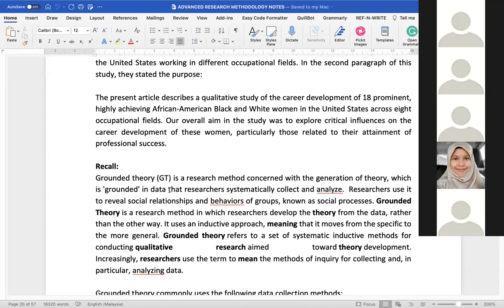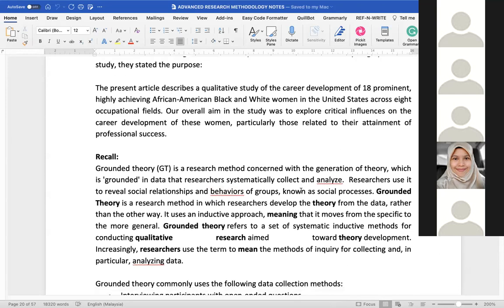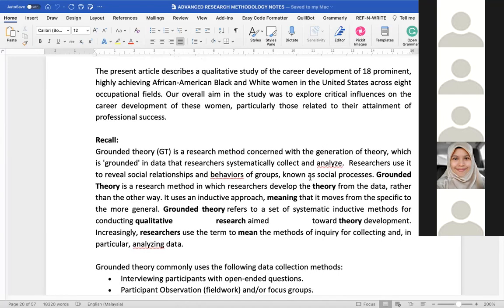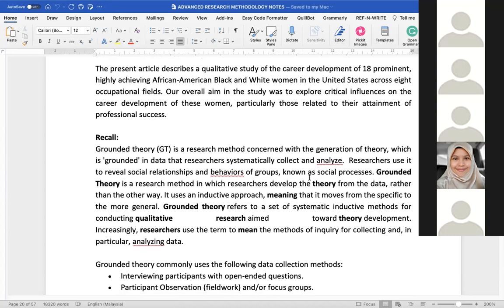So the researcher will collect and analyze the data, and then from the data, the researcher ultimately comes up with a theory. Researchers use grounded theory to reveal social relationships and behaviors of groups, known as a social process.